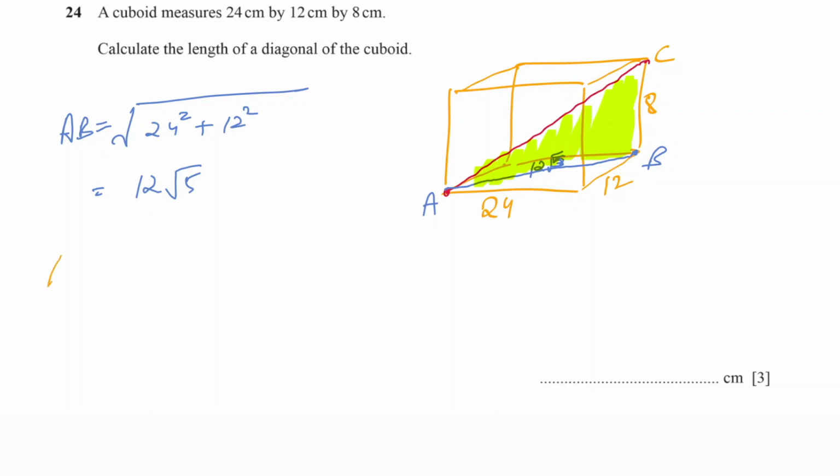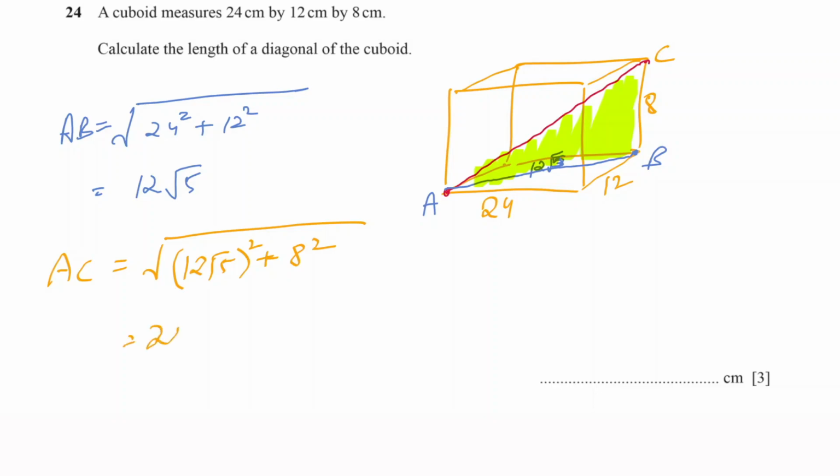Let's use Pythagoras again, the same method. AC equals the root of (12 root 5) squared plus 8 squared. Using the calculator, the square of that plus 8 squared gives me 28 as the answer.